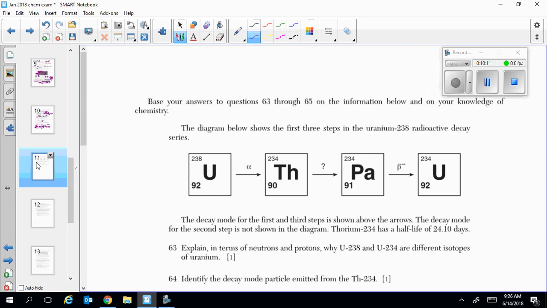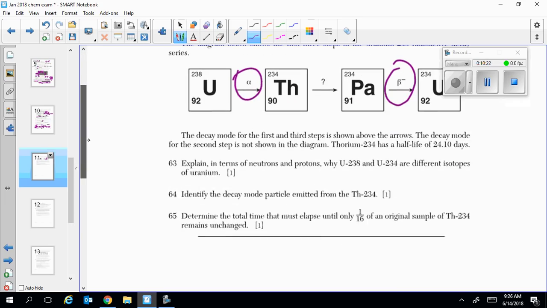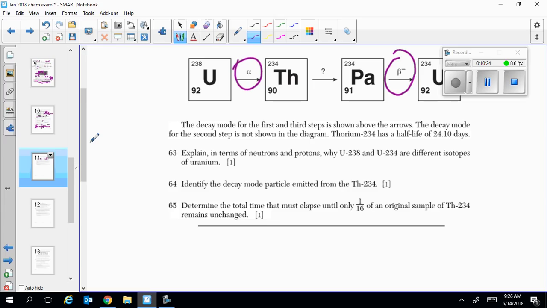All right, the decay mode for the first and third step is shown above the arrows. So this is an alpha and this is a beta. And the decay mode is not shown in the diagram for the second step. And then it tells me the half-life. So explain in terms of neutrons and protons. So we're going to have to write this out. Why are uranium-238 and uranium-234 isotopes?